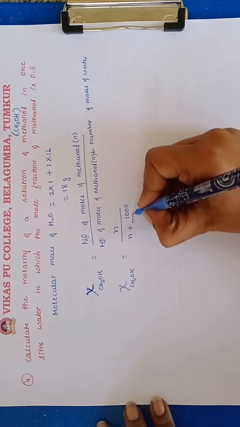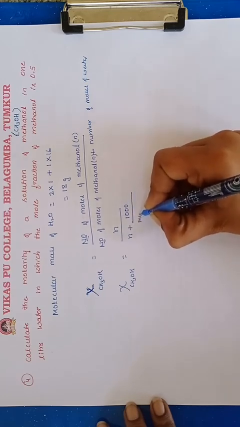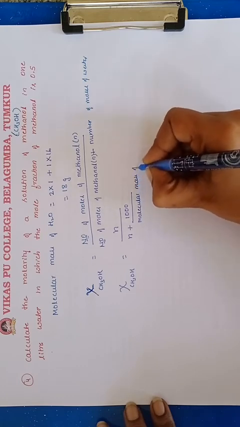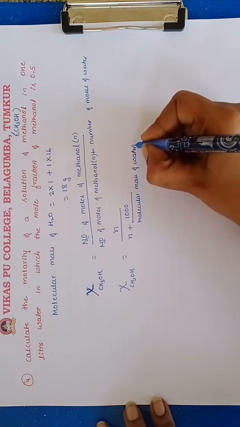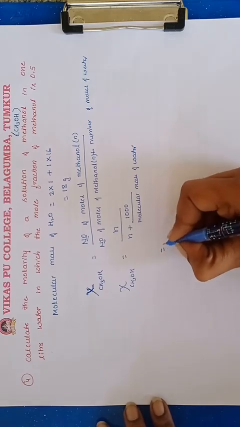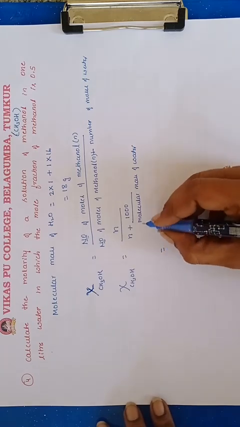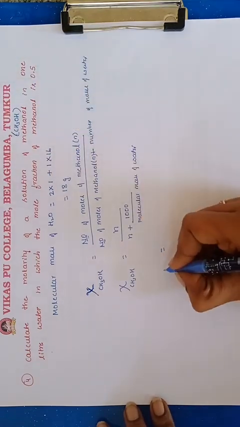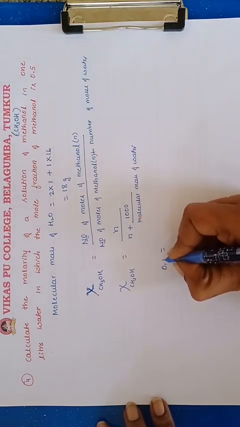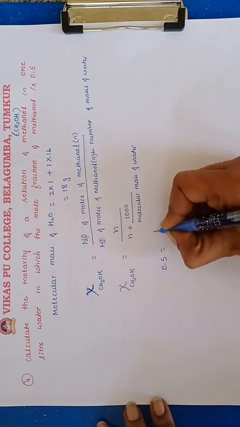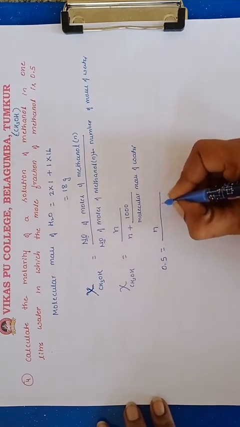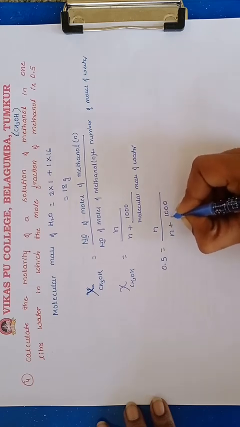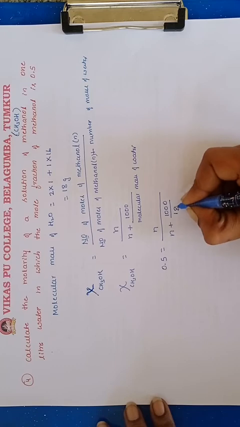Then molecular mass of water. The mole fraction of methanol they have given is 0.5, so we write 0.5 equals n divided by n plus 1000 divided by 18.